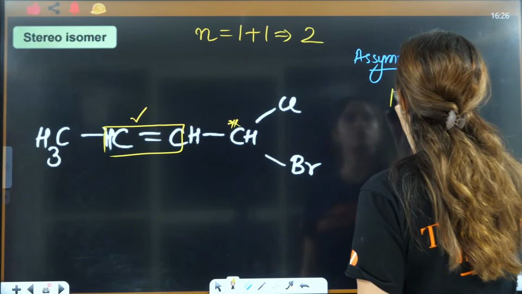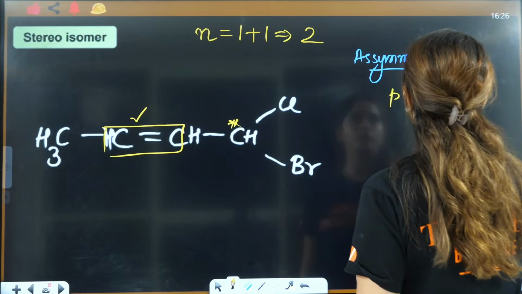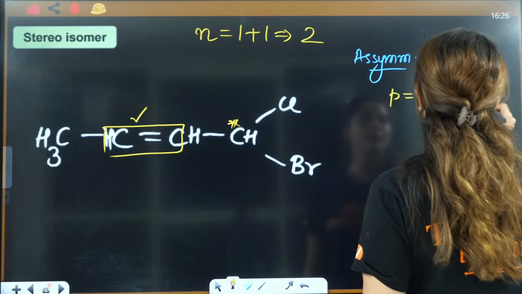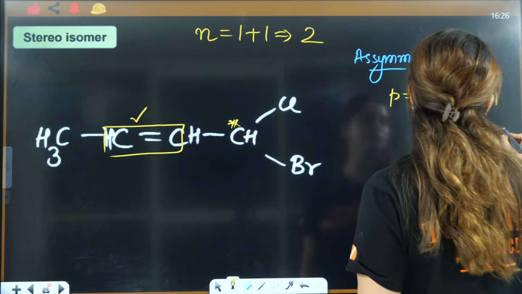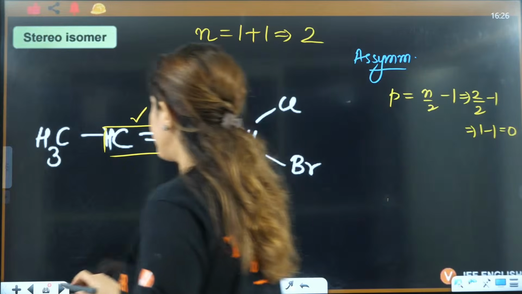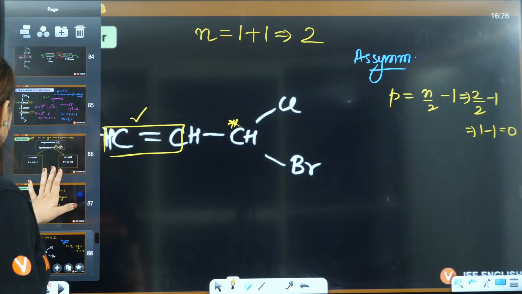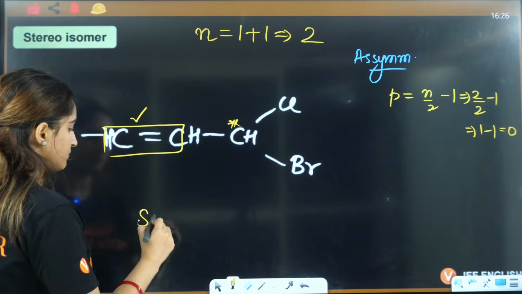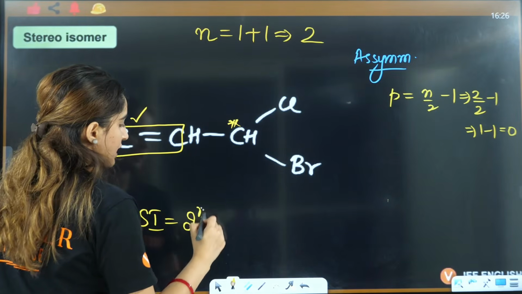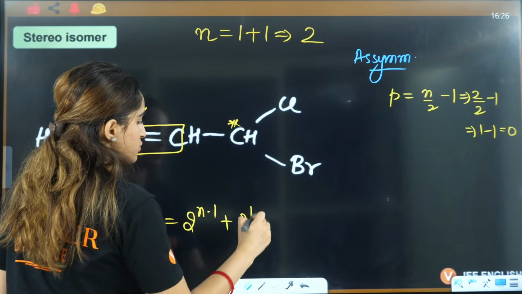P is equal to n by 2 minus 1, that is 2 by 2 minus 1, 1 minus 1, that is 0, okay? And the formula is 2 raised to power n minus 1, plus 2 raised to power p.